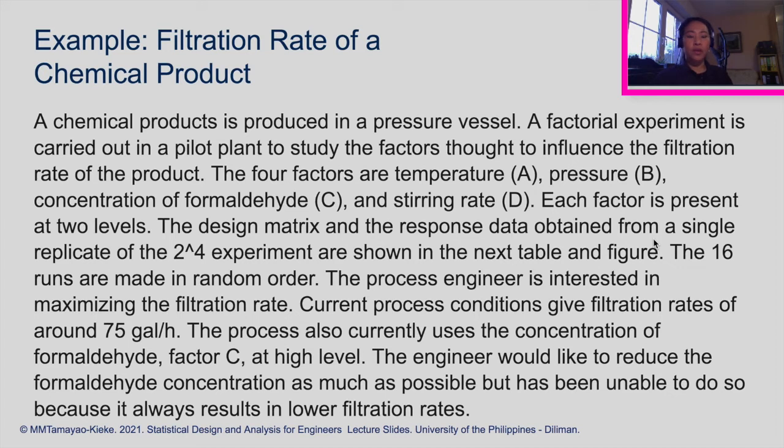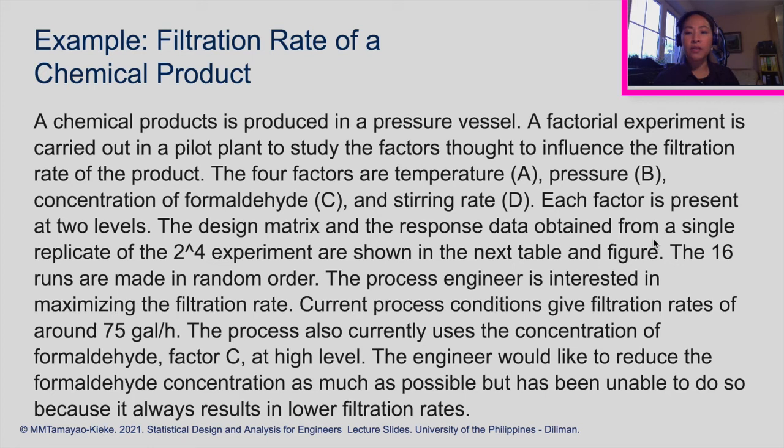The four factors are temperature, denoted as A, pressure, denoted as B, concentration of formaldehyde, denoted as C, and stirring rate, denoted as D. Each factor is present at two levels. The design matrix and the response data obtained from a single replicate of the 2 to the 4 experiment are shown in the following figure and a table.